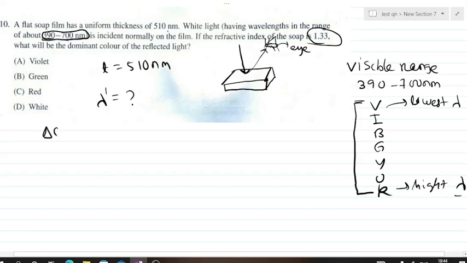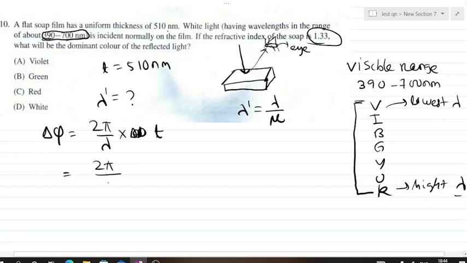As you know, phase difference is equal to 2 pi by lambda into path difference. Here the path difference is the thickness T. When a wave is reflected from any medium, the wavelength decreases by mu.